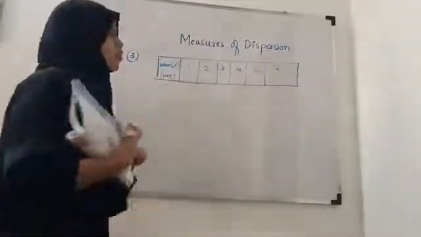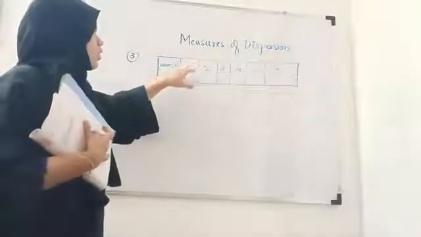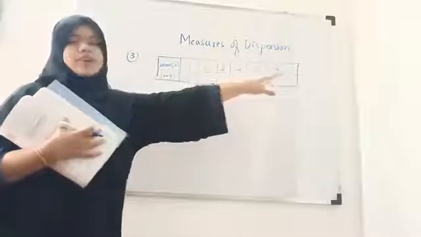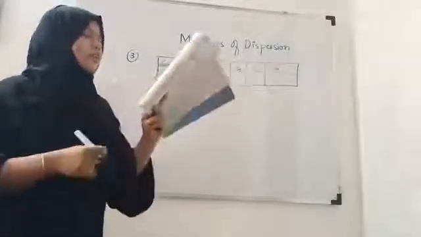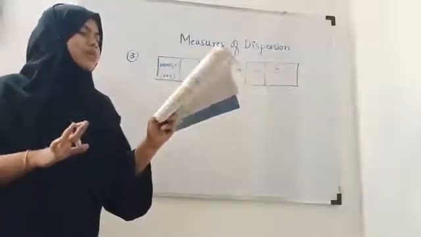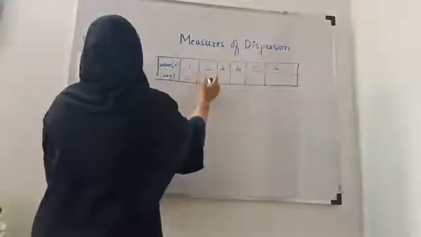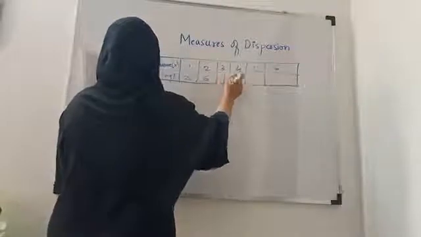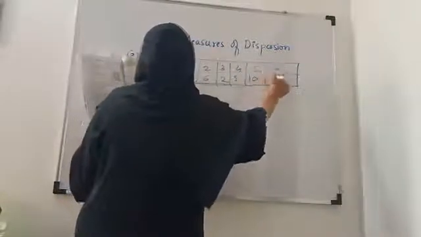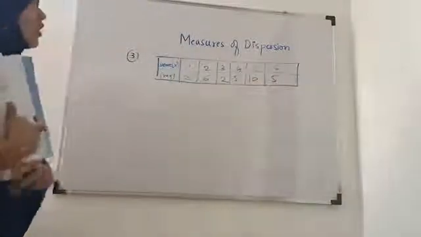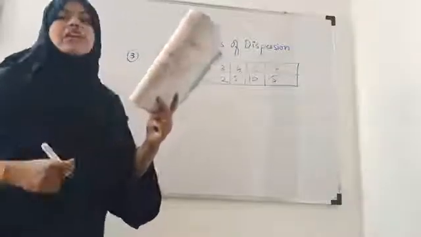Why are we using only 6? Because the die has 6 sides, right? So 1, 2, 3, 4, 5, 6 are nothing but the sides of the die, and the die is rolled 30 times. So 1 appears 2 times, 2 appears 6 times, 3 appears 2 times, 4 appears 5 times, 5 appears 10 times and 6 appears 5 times. So this is the data. Now the question is, find the variance and the SD.